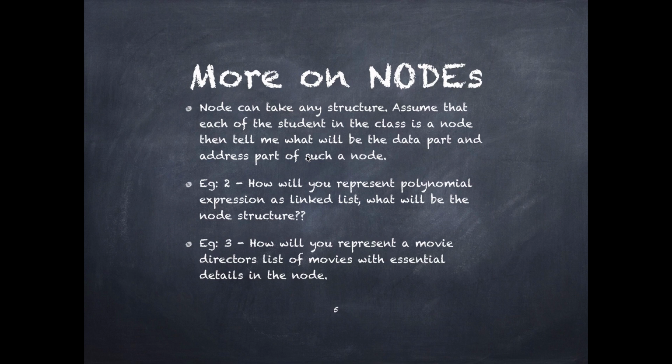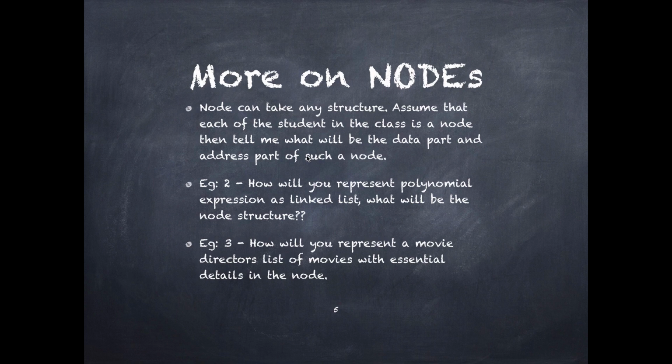Yes, you have your roll number, right? You have the name, age, which branch, etc. So for the time being, I am just focusing on three: name, roll number, and age. Okay, and what will be the address part?